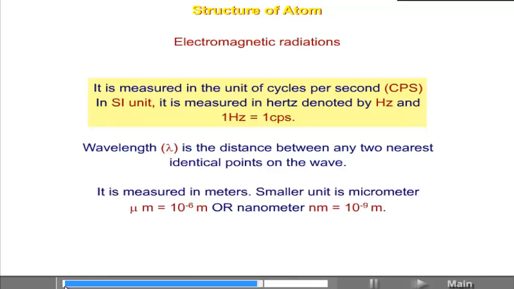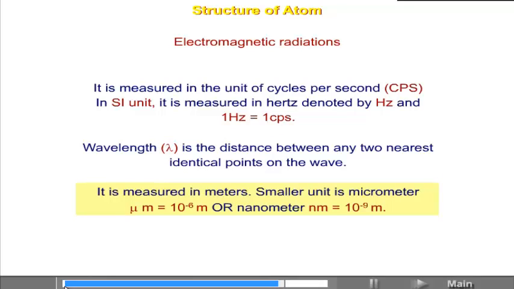In SI unit, it is measured in hertz, denoted by Hz, and 1 Hz is equal to 1 cycle per second. Wavelength lambda is the distance between any two nearest identical points on the wave. It is measured in meters.